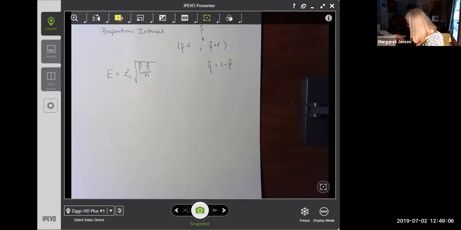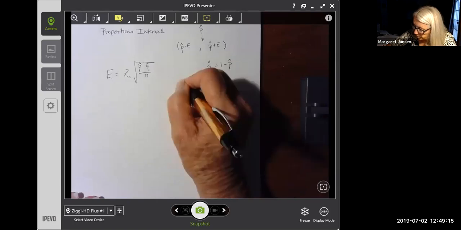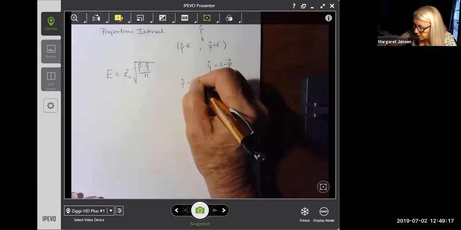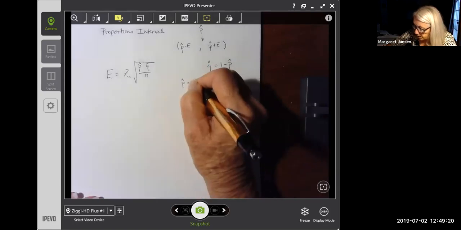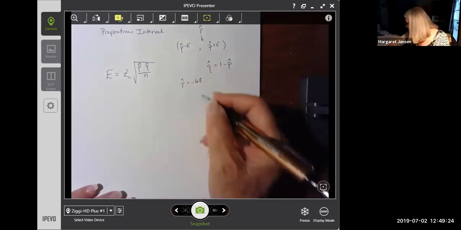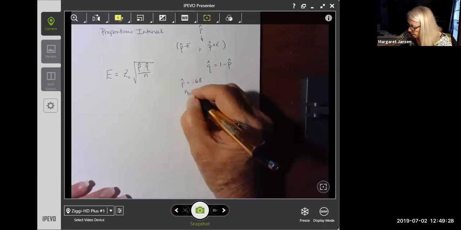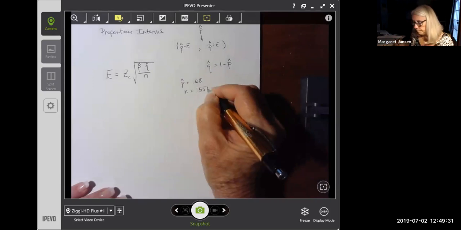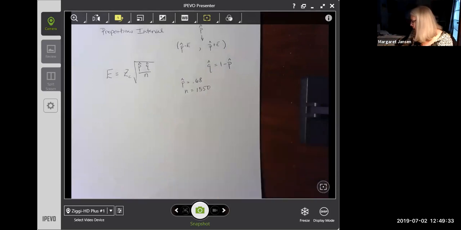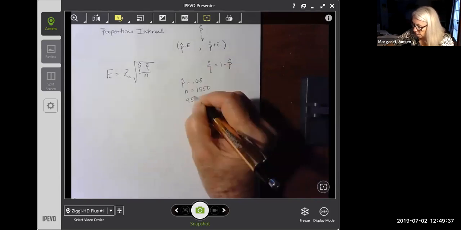What this indicated was that in our problem, p hat was 68%, which is 0.68. That's based on an estimate of 1,550 people, and they told us that we wanted to be 95% confident.